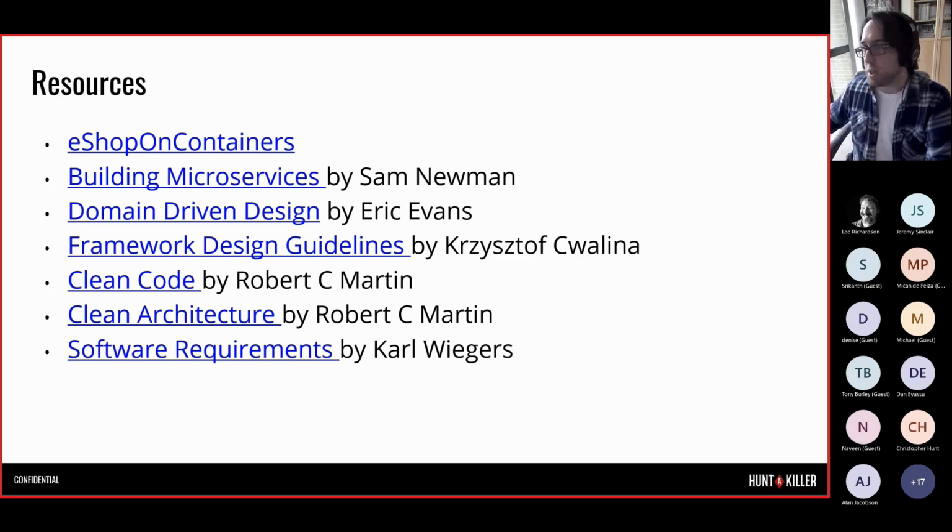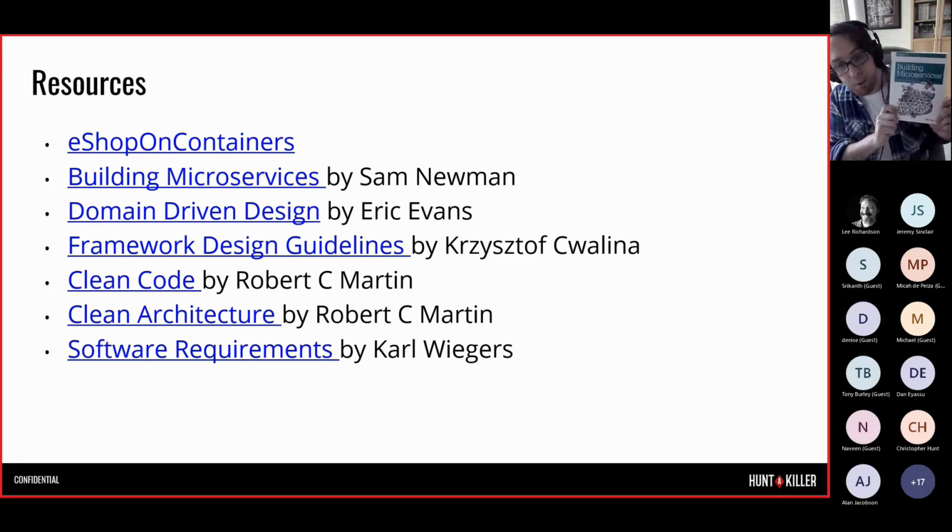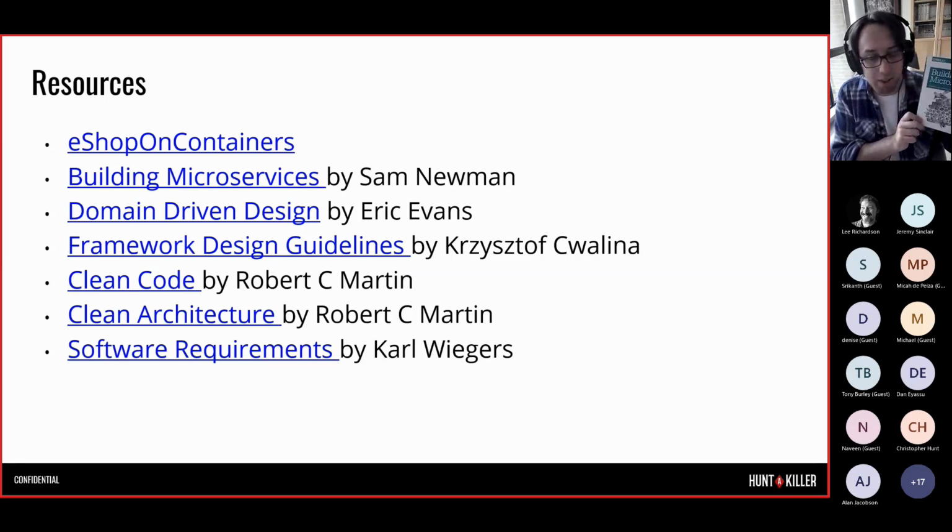Other books like Building Microservices by O'Reilly Press. I love it because it's got honeybees on the front, and they are building their little hive. Then the Clean Architecture and Clean Code books in the Software Craftsman series by Robert Martin.